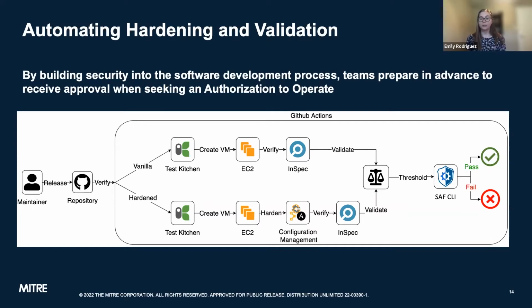Then in this workflow, after we created that vanilla and hardened box, we are able to run InSpec profiles to validate both of them and then compare the results. We use the SAF CLI as a utility tool to view a summary of the results and validate them against a threshold so that in your automated process, you can get a green check or a red X that tells your pipeline whether it should pass or fail.